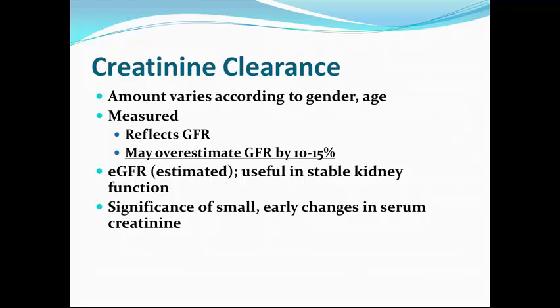The final pathophysiologic concept that's important in creatinine clearance is that there is a great deal of significance in small early changes of the serum creatinine as opposed to later changes. What I mean by that is a small early change, which would be a serum creatinine increasing from 1 to 2, could indicate the loss of about 50% of kidney function, as opposed to a change from 3 to 4 that might represent a loss of another 5 or 10% of kidney function.